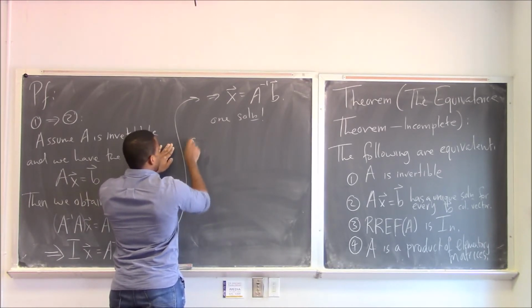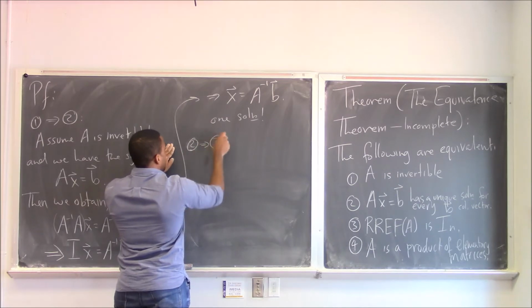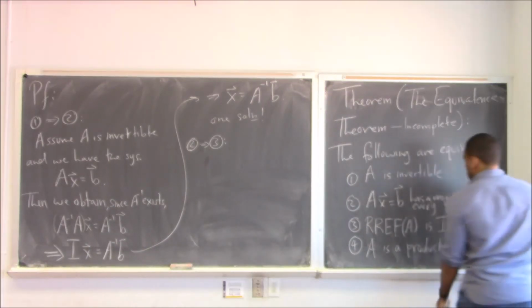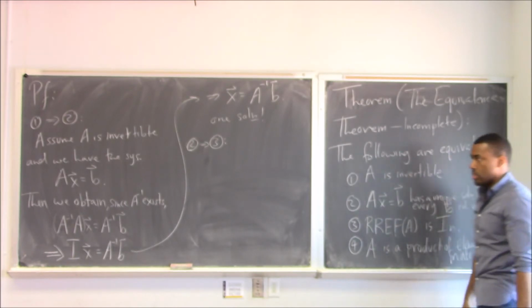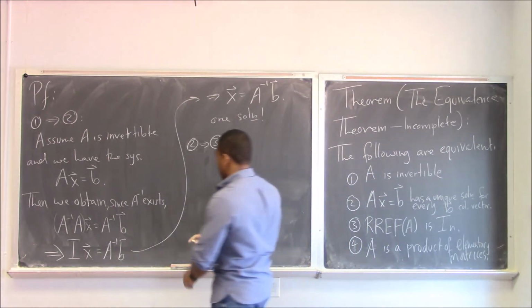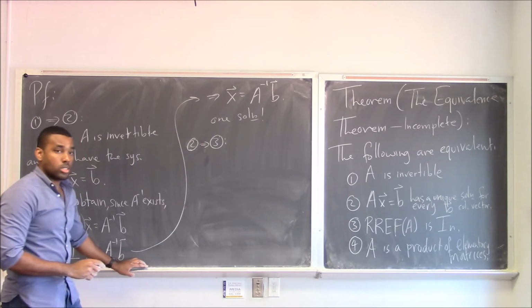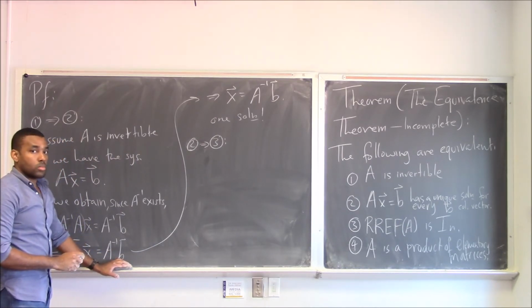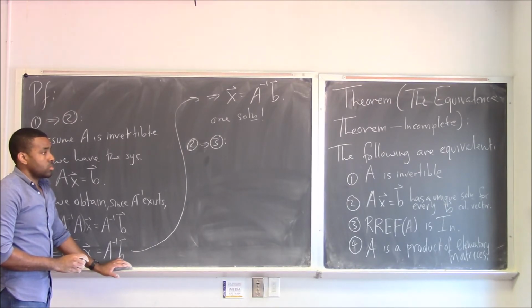We now have to show that 2 implies 3. So the fact that this equation has a unique solution must imply that the reduced row echelon form is IN. Why? Because if you have a square matrix with fewer pivots than n, you get parameters.